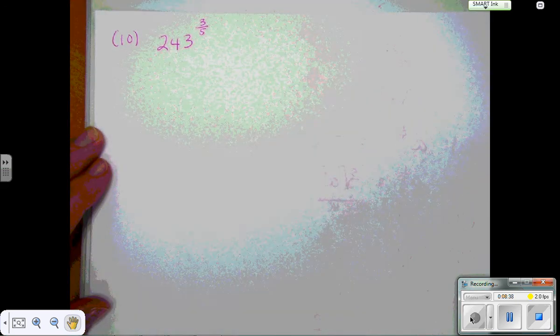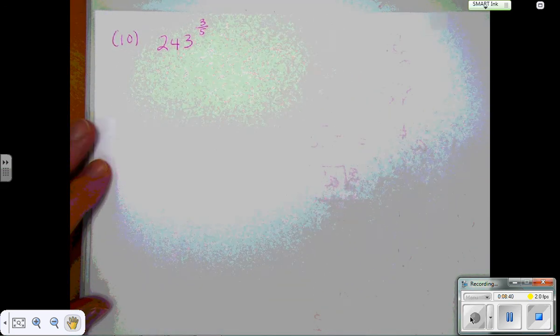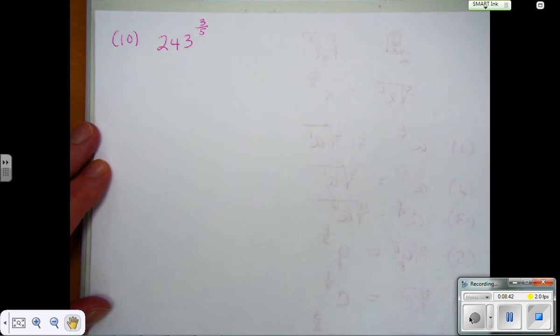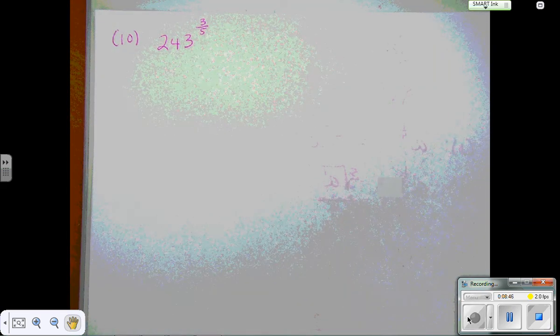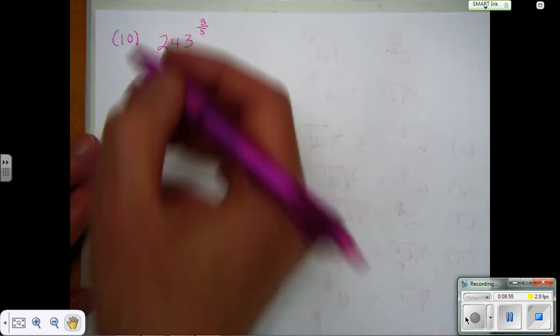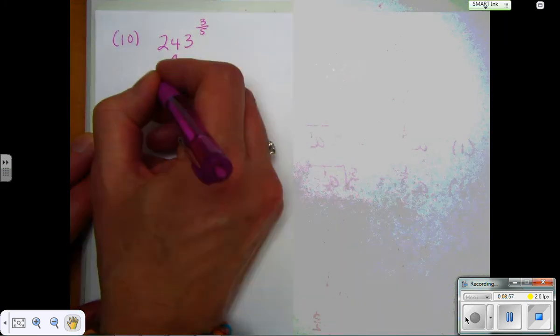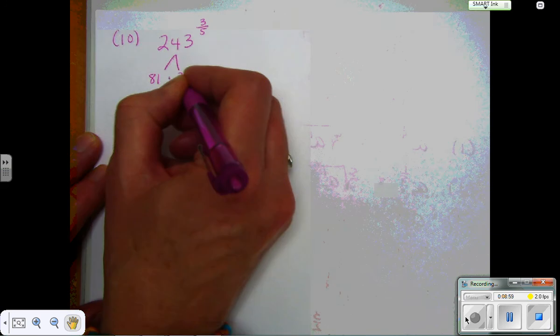And I'm going to find my prime factors for 243, so I can rewrite that number as a base to a power. So 243 is divisible by 3, and that goes 81 times. 81 is 9 times 9.